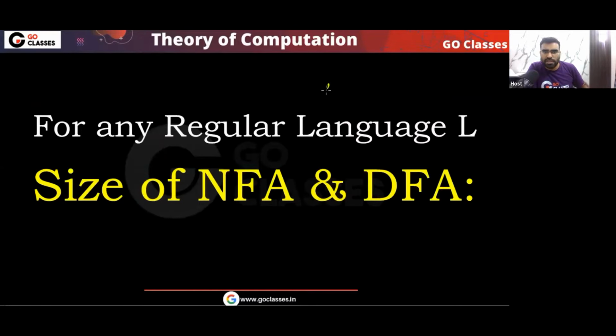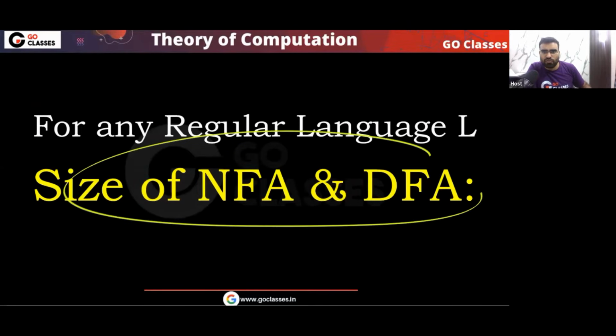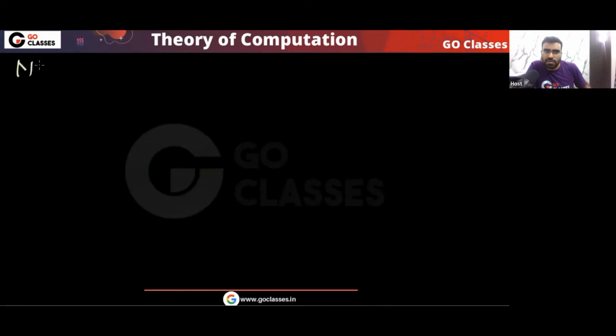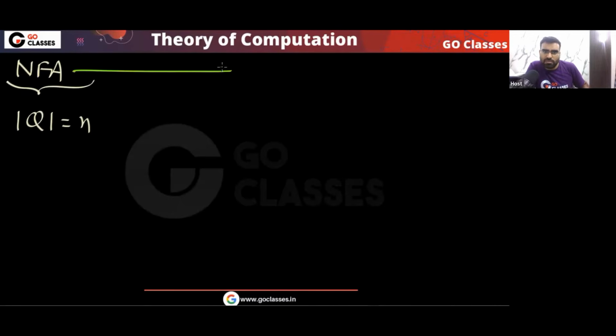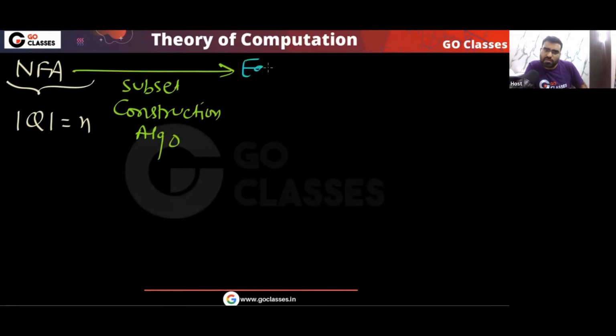So let's see, for any regular language L, what is the size of the NFA and DFA? Take an NFA where the number of states is equal to n, and if you apply the subset construction algorithm, you will get an equivalent DFA.